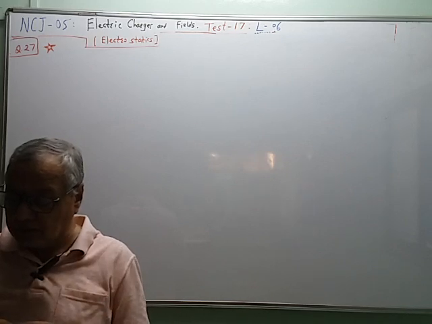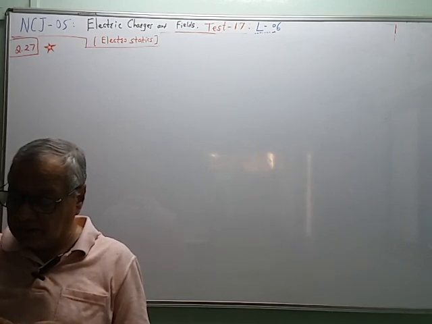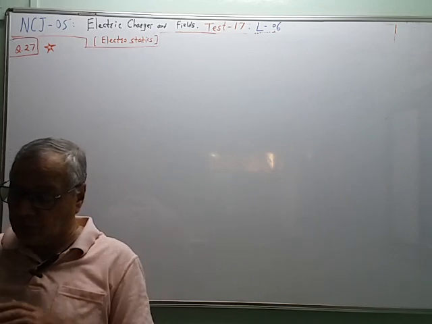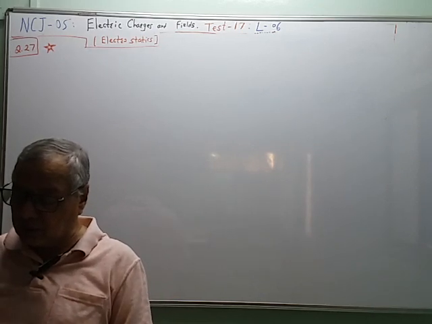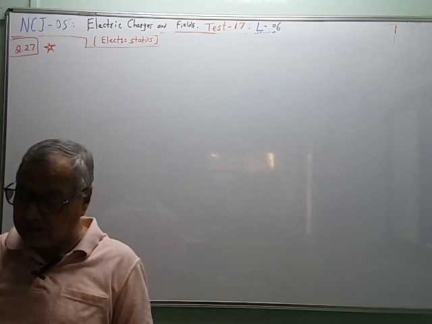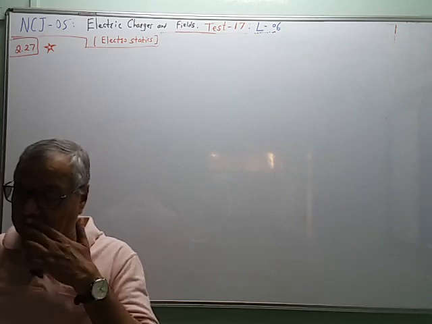Then the ratio of the charges given to the shells, Q1 to Q2 to Q3, is given by: 1 to 2 to 3, 1 to 3 to 5, 1 to 4 to 9, and 1 to 8 to 16.